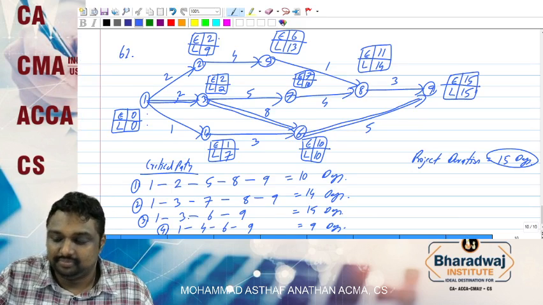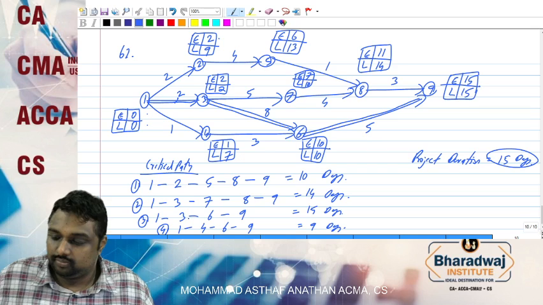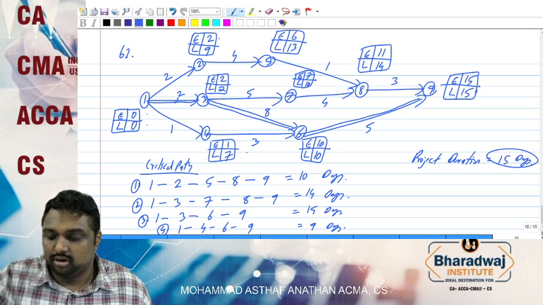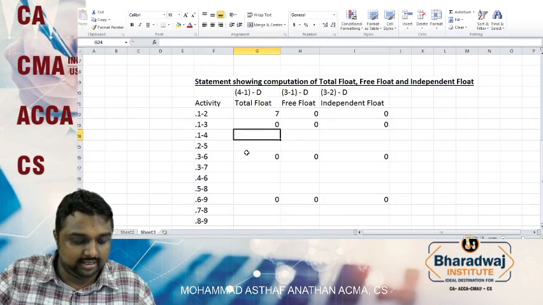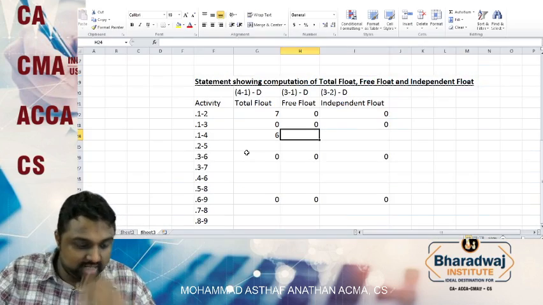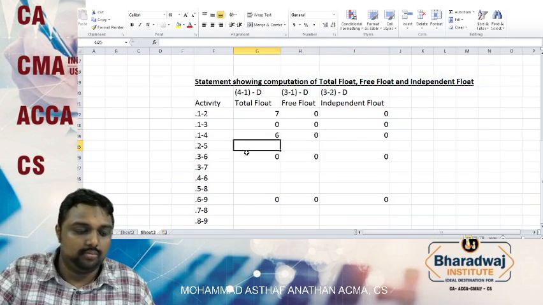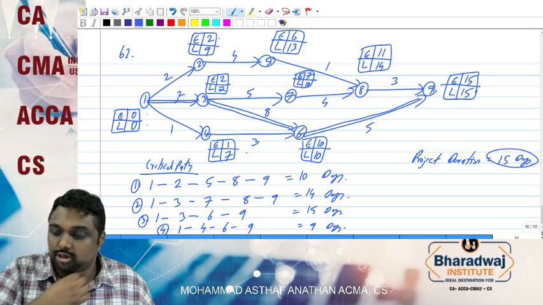How interesting. The next is 1 to 4, 1 2 3 4, 7 minus 0 is 7, 7 minus 1 you will get 6, 1 minus 1, again both are same, you will get 0. I hope you got the answer already. Next is 2 to 5.